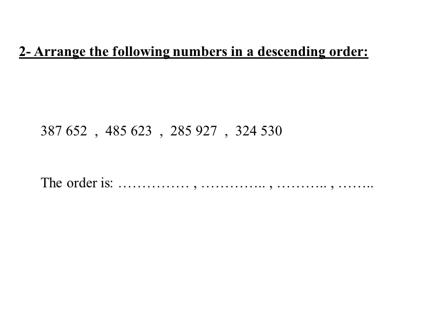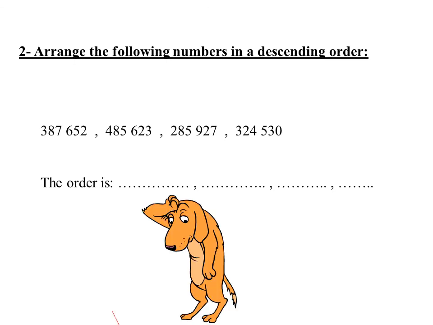The first number has 3 in the 100,000 place. The second one has 4, third has 2, and fourth has 3. So the greatest number here is 485,623. Then there is 3 in the first number and 3 in the last number.